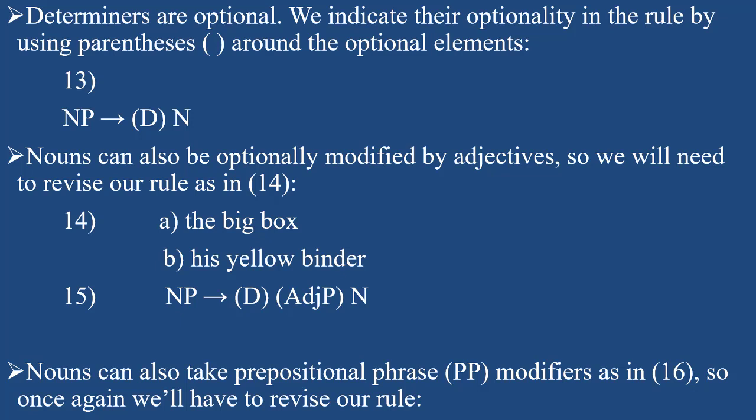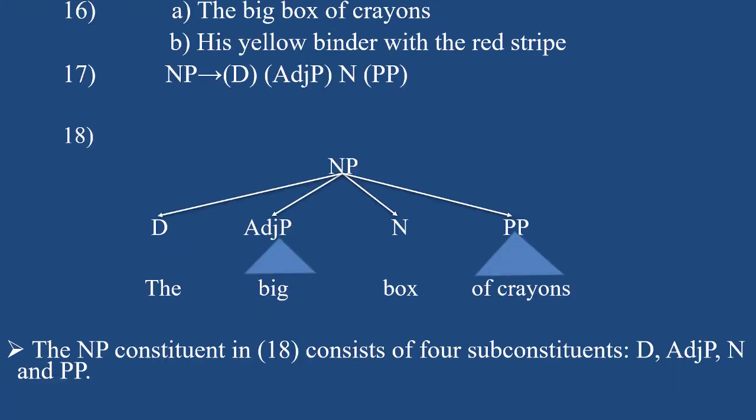Nouns can also take prepositional phrase, PP, modifiers, as in 16. So once again, we will have to revise our rule. In 16, we have the big box of crayons, the yellow binder with the red stripe.